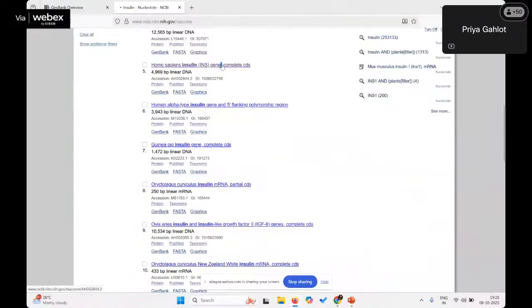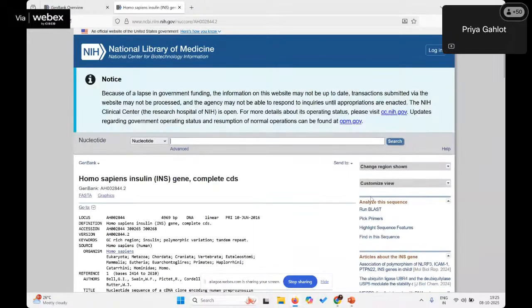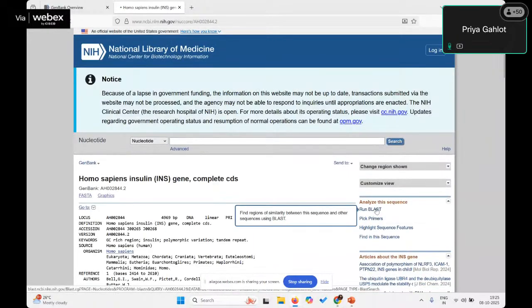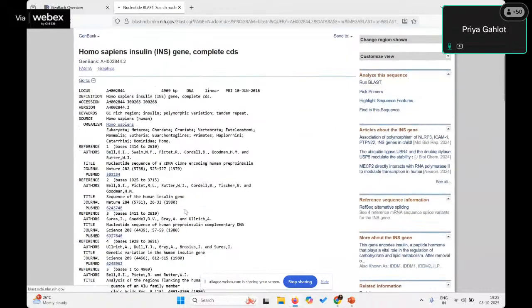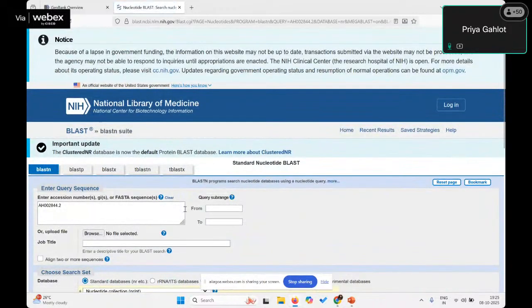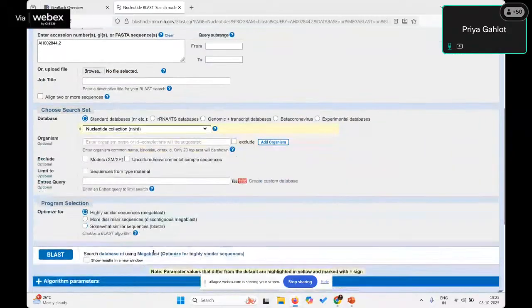Like you can run BLAST directly from here, so it will search and compare it with others.